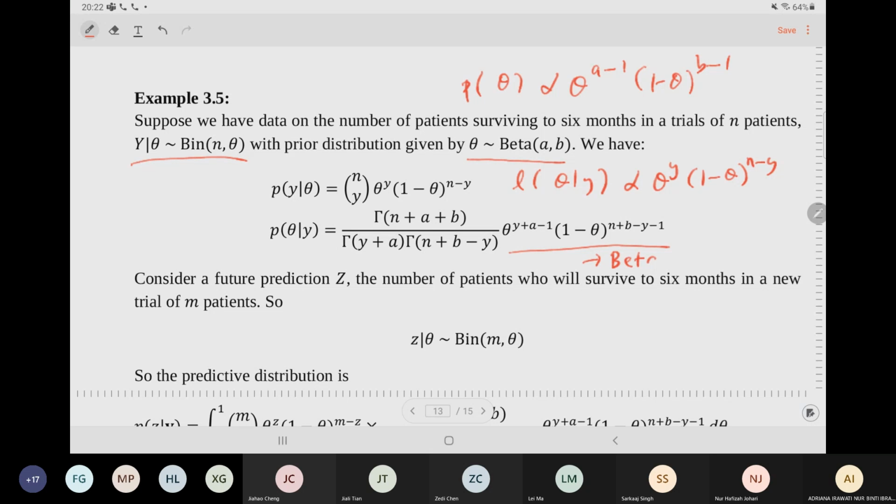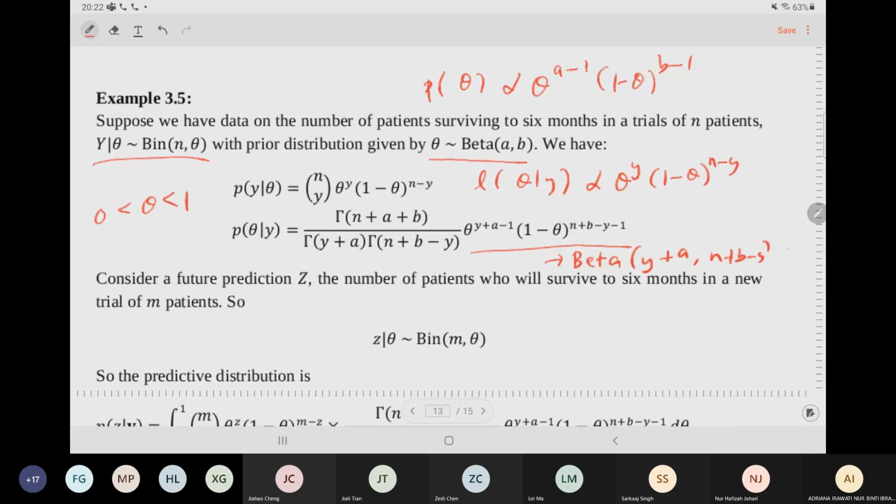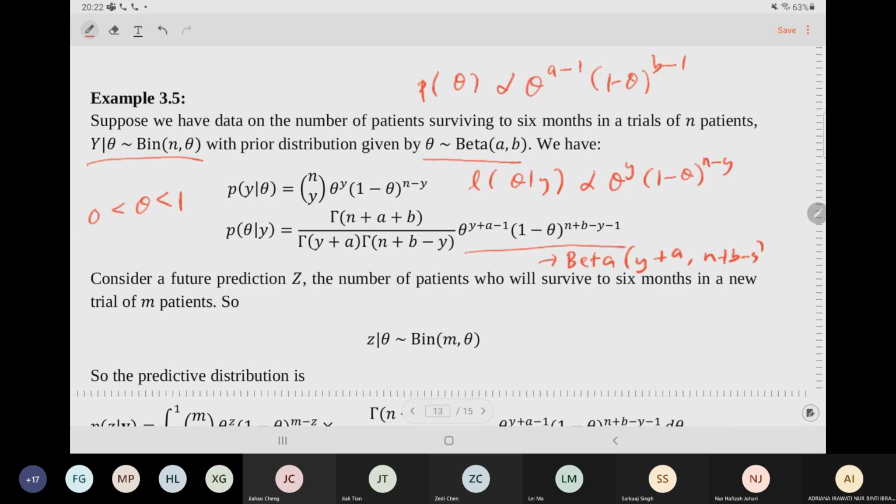Take note that your theta is between 0 and 1, because it's a probability. So that's why we have a beta kernel. So this is actually a beta(Y plus A, n plus B minus Y). So this is the distribution.